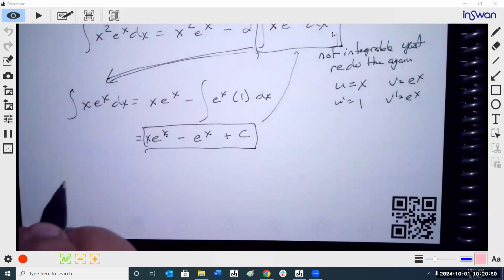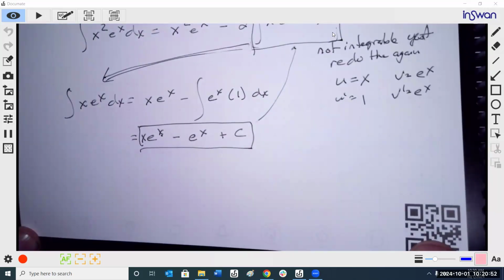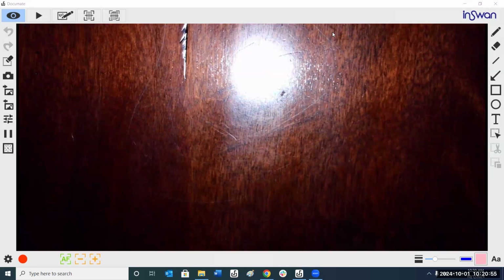Okay, so our original equation, let me go to the next page so I have more room.